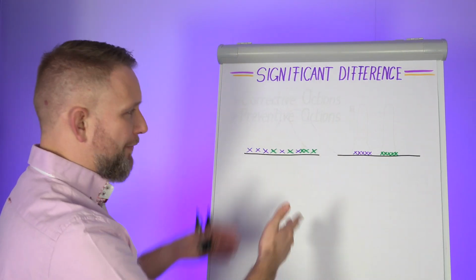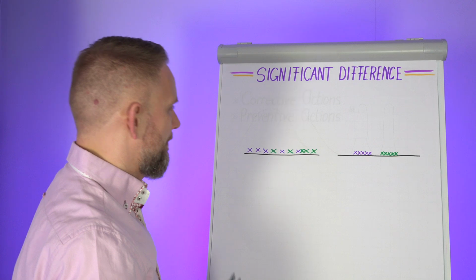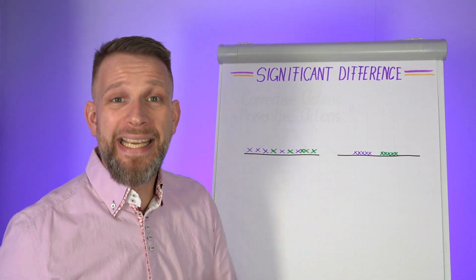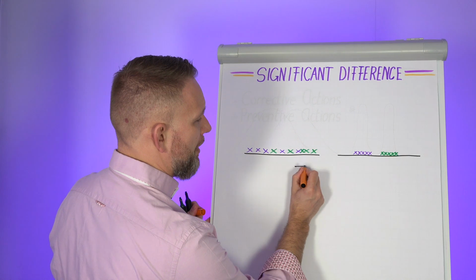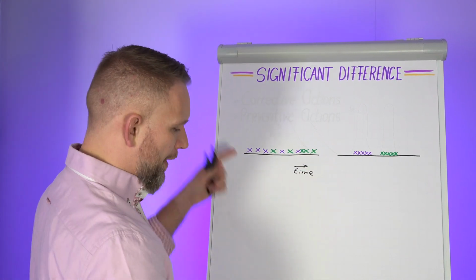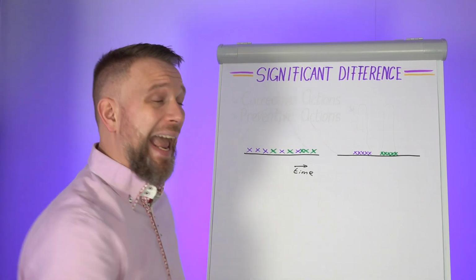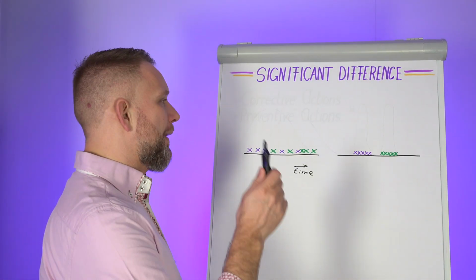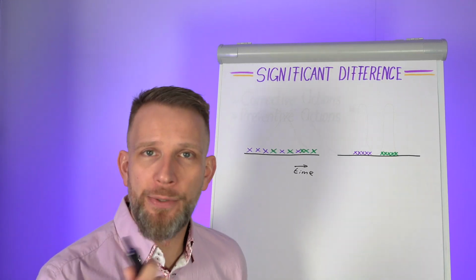When we have two systems, right? So how long does it take our heater to heat something, to get it to the correct temperature? Right, so this is our time. And we have a purple and a green set of data. The purple set, that is our new stuff, right?